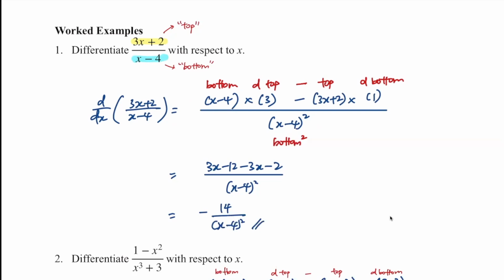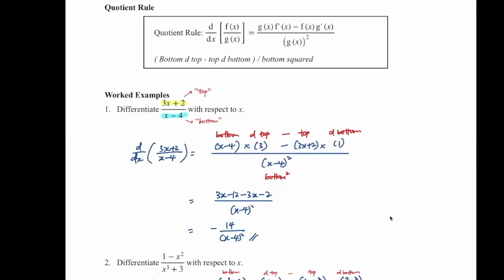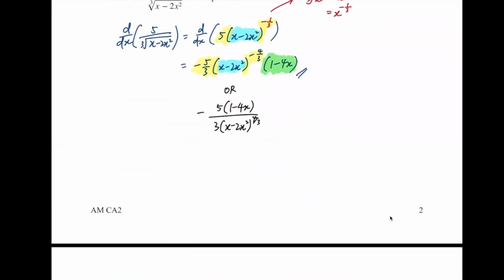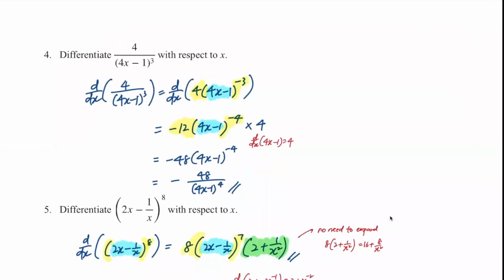Bottom d top minus top d bottom over bottom squared. Like I mentioned just now, usually we want you to use this only when there's x on top and x below. But what happens if you decide to use the quotient rule for the one that I used the chain rule for? If I go back to this question over here and you decide to use the quotient rule, what will this look like?